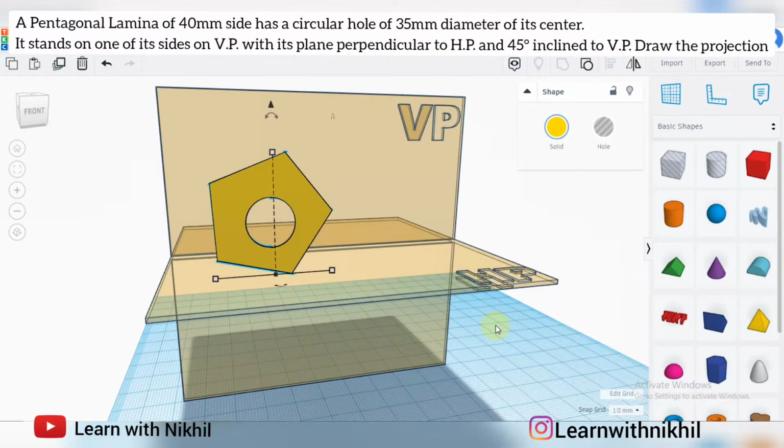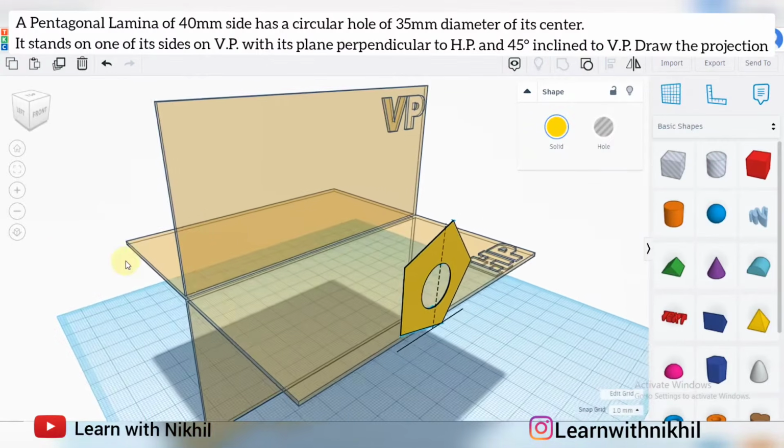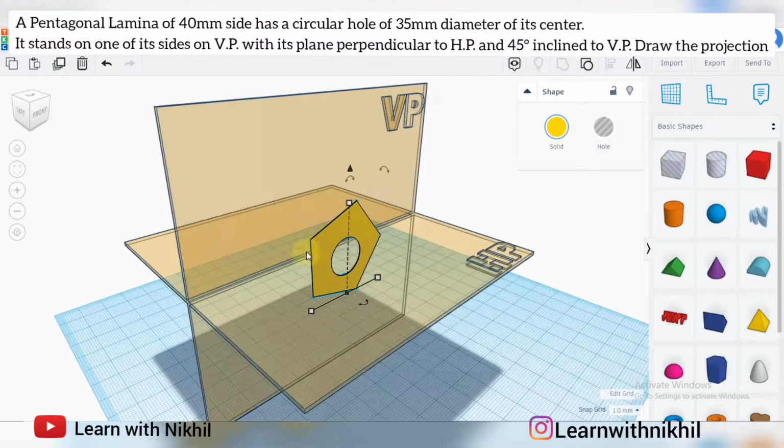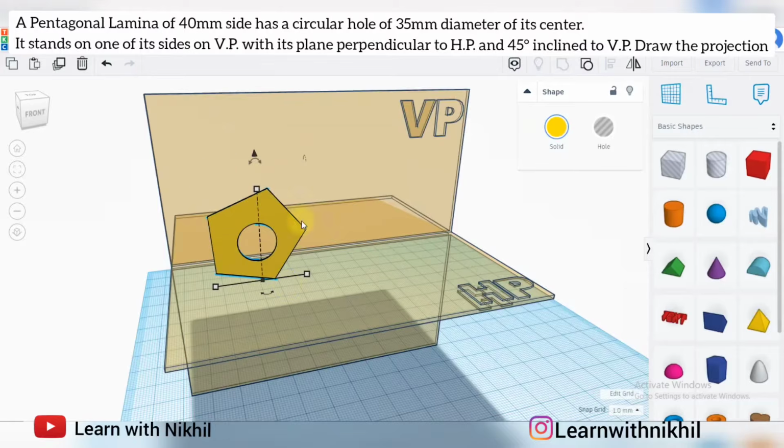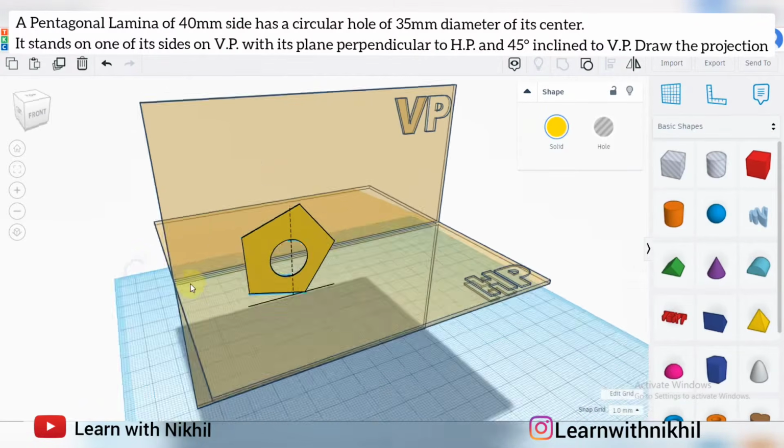As per the question given, it says that it stands on one of its sides on the vertical plane with its plane perpendicular to the horizontal plane. So right here as you can see, it says that it stands on one of its sides. As the pentagon has 5 sides, on any one of the sides it stands on the vertical plane.